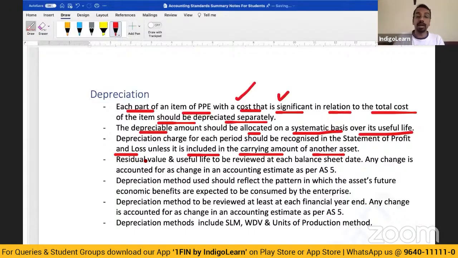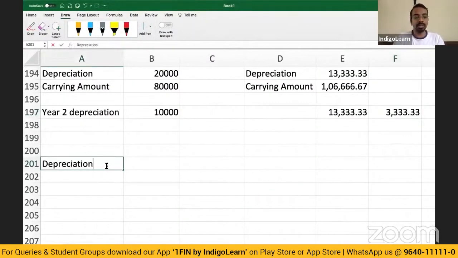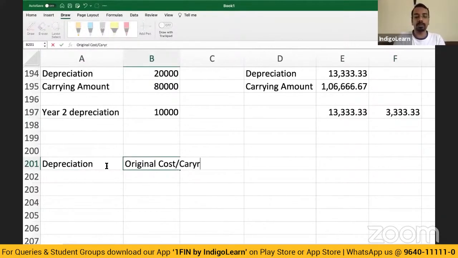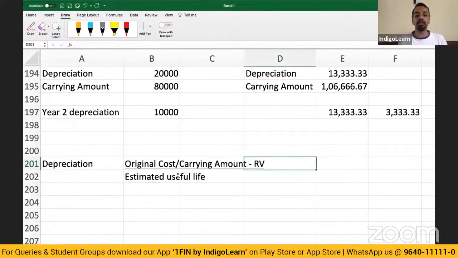Then while calculating depreciation, the fundamental thing is depreciation is generally equal to original cost or carrying amount minus residual value divided by estimated useful life, right? This is the straight line method. There is a formula to calculate the rate for the written down value method also. In that also you will need to know what is the residual value, what is the estimated useful life, right?